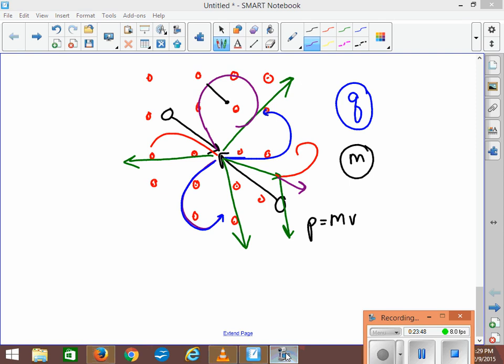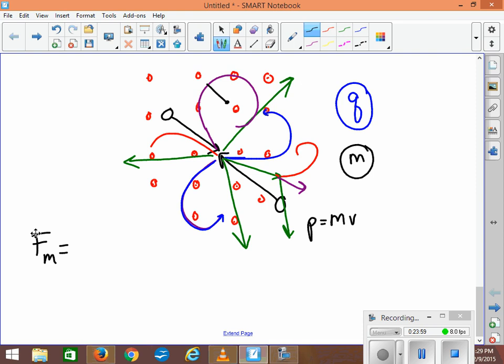Two atoms colliding together. But basically, what you need to remember here is that the magnetic force on a charged object moving through a magnetic field can be described as qvB sin theta. Or for the calculus people, you would write it as qv cross B, right?